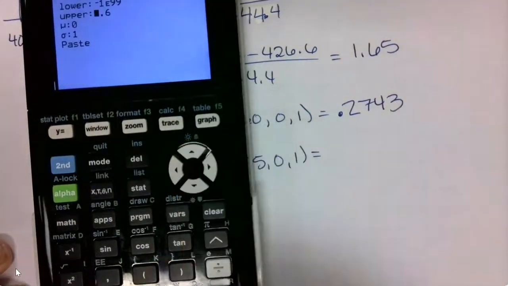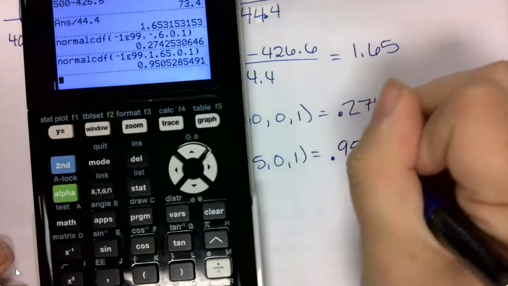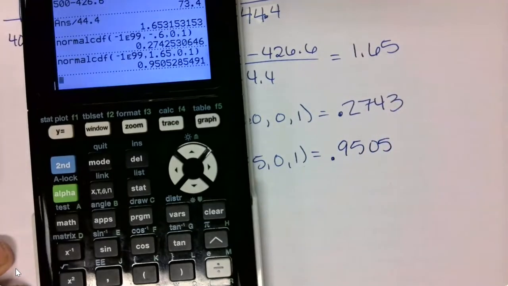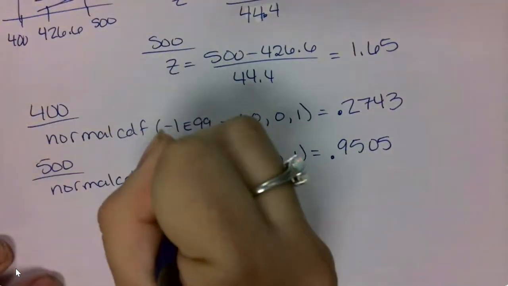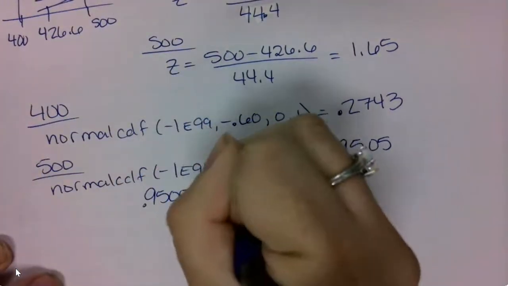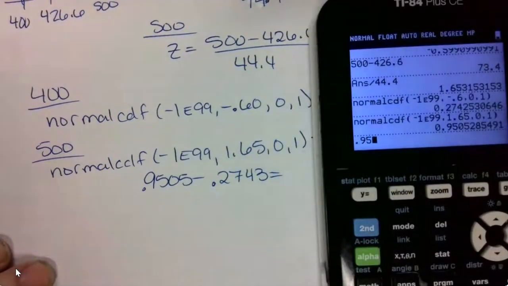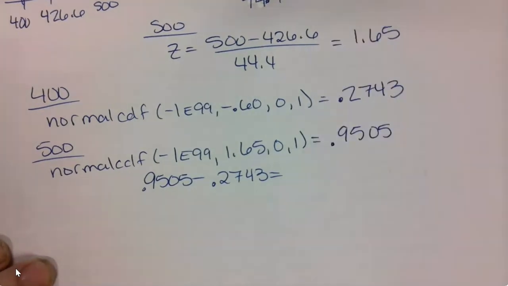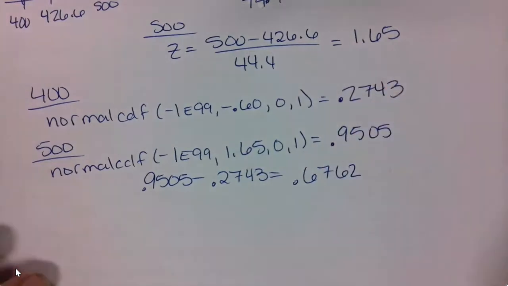This time my upper is 1.65, which gets me 0.9505. Then I want to go ahead and subtract these, which gives me 0.6762.